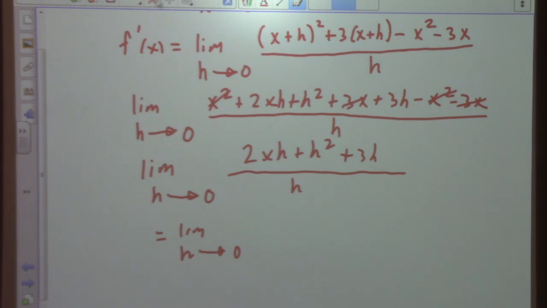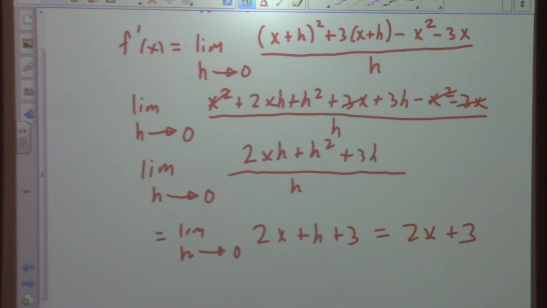So we got 2x plus h plus 3, right? And we substitute in 0, we get 2x plus 3. How many of you geniuses came up with that? Man, that is awesome. You just feel good.